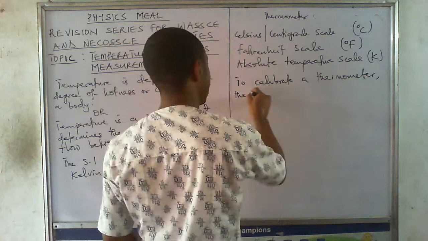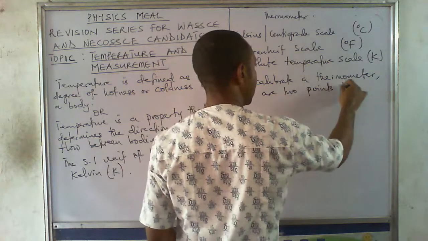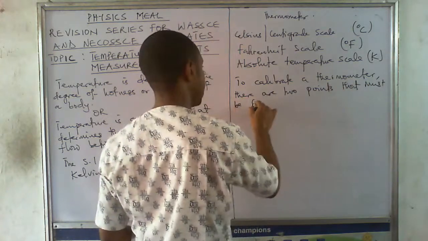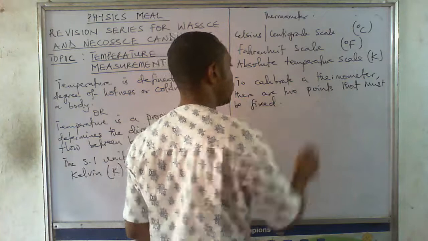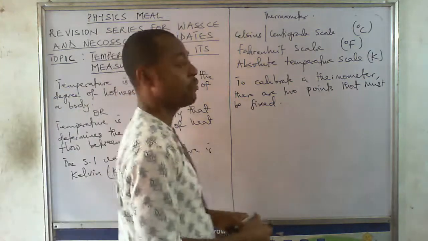So to calibrate a thermometer, there are 2 points that must be fixed. And what are these 2 points that must be fixed?